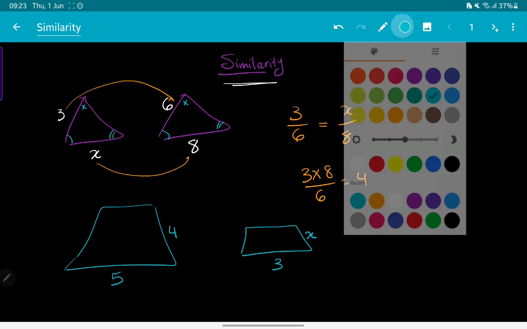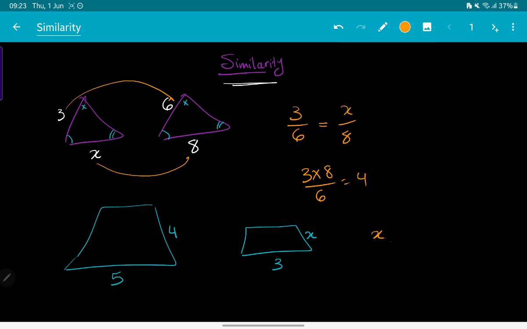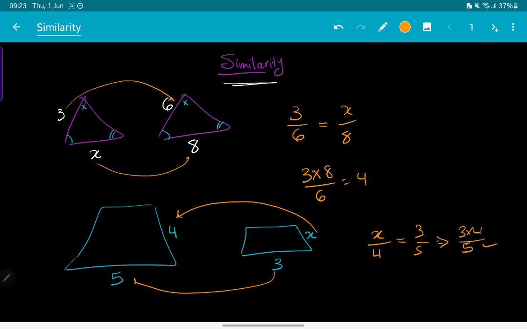How to find x? Here we do the same. x over 4 is the same as 3 over 5, and we do cross multiplication, which is 3 times 4 over 5, by the calculator.